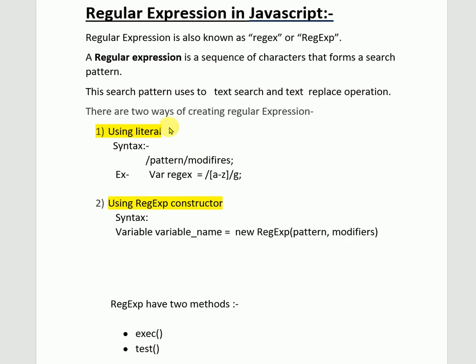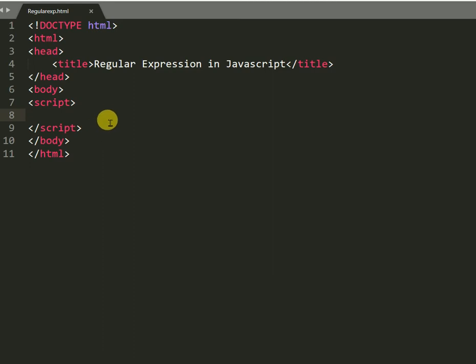So here we will see creating a regular expression, first using a literal and second using a constructor. Here I am making a regular expression using a literal, and the variable is named regex.